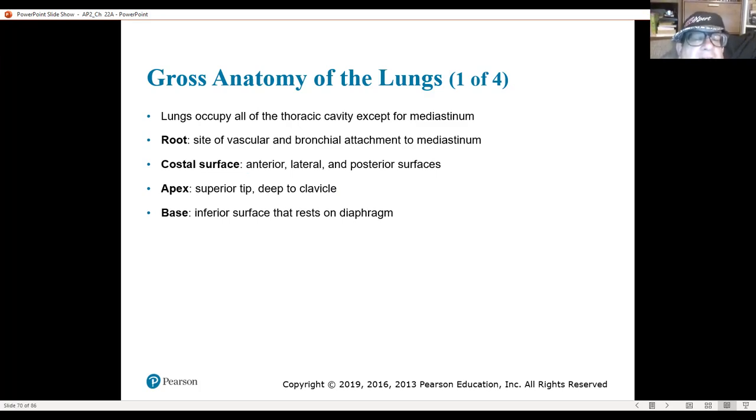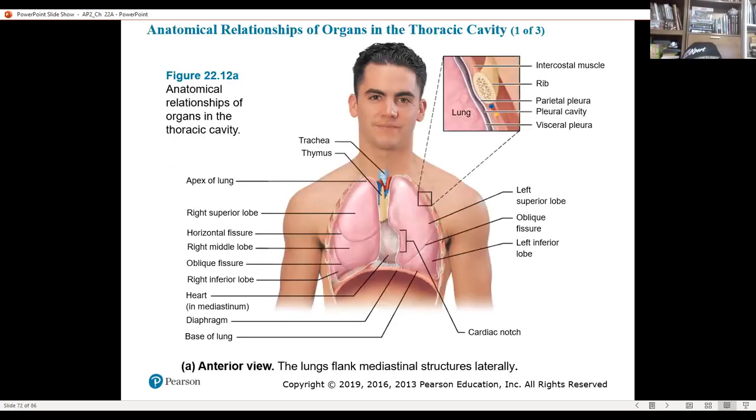The apex is the superior tip, deep to the clavicle. What they're saying is the end of the lungs right up here, just by the clavicle, is called the apex. It's easy to remember because, do we have a good picture here? Yeah, we do. Okay, it's easy to remember because this apex, see how it's pointy? Well, if you remember, the heart had the pointy tip down and off to the left, and that pointy part on the heart was called the apex.